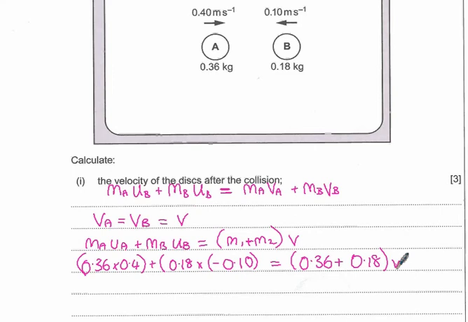If I put those in the calculator, what you get is 0.144 and minus 0.018 is equal to 0.54 V.